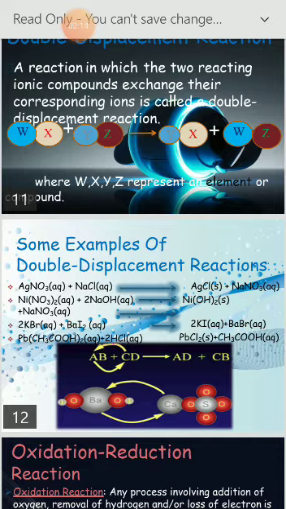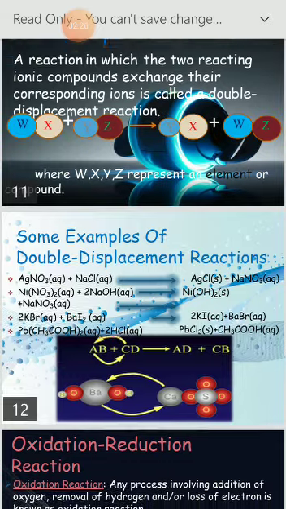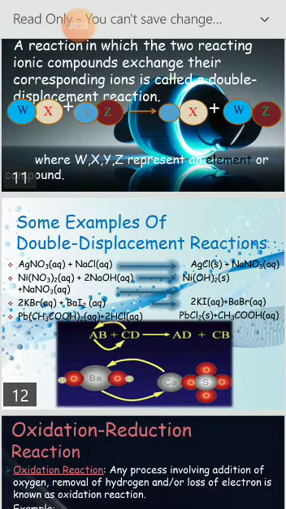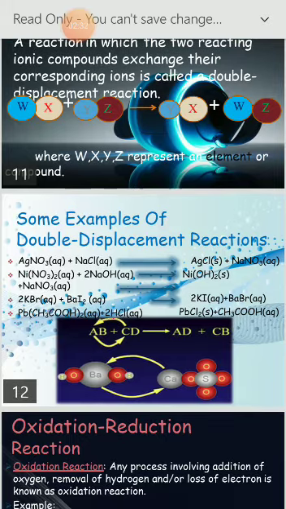Another example is the reaction between sodium sulfate and barium chloride. As a result, barium sulfate is formed and sodium chloride is also formed. In that reaction, barium sulfate is a precipitate. In that case, that reaction is also known as a precipitation reaction.